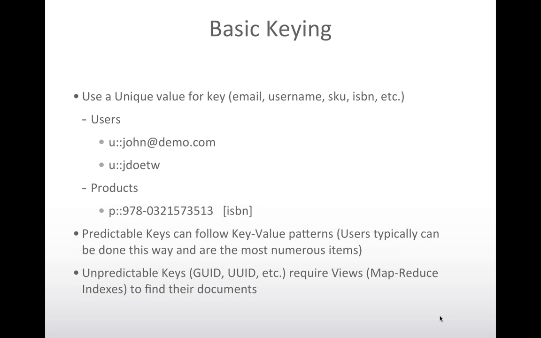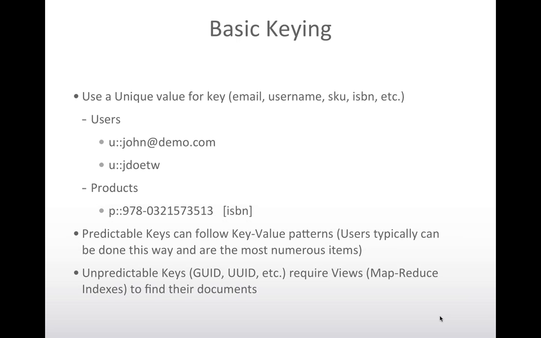As you can see on this slide, I use u-John, or u or p, with a number. It's just a nice way of organizing your keys by providing a prefix, so that you can quickly know if it's a user, a product, and so on.